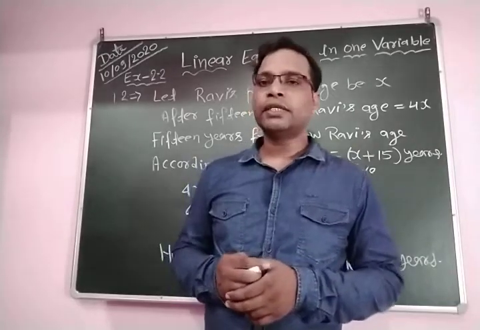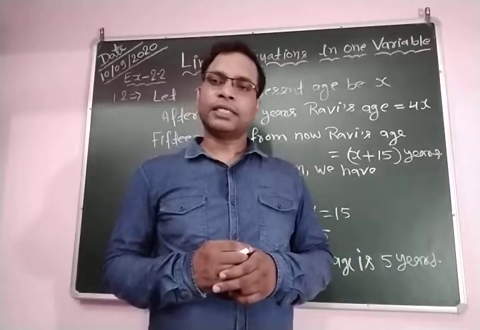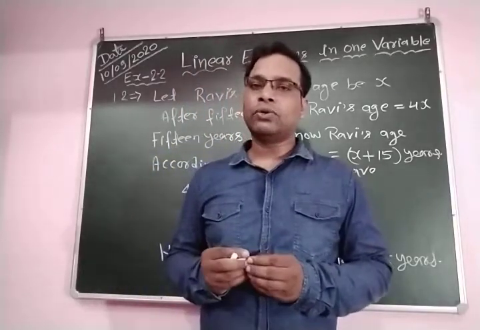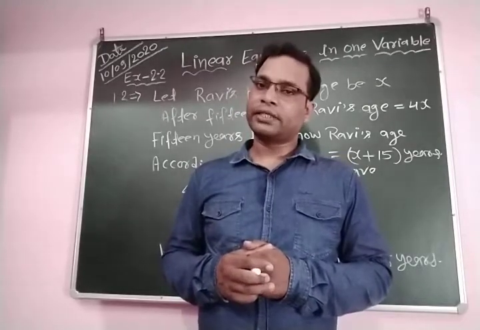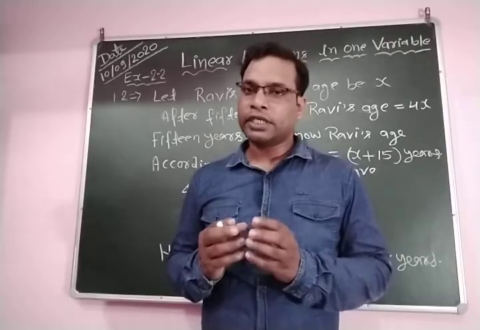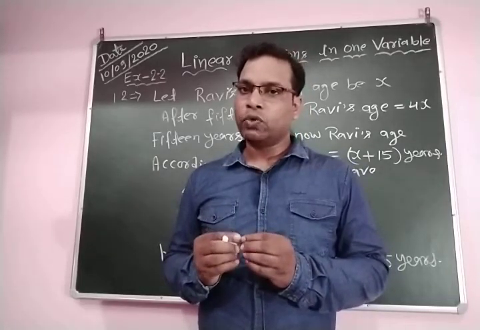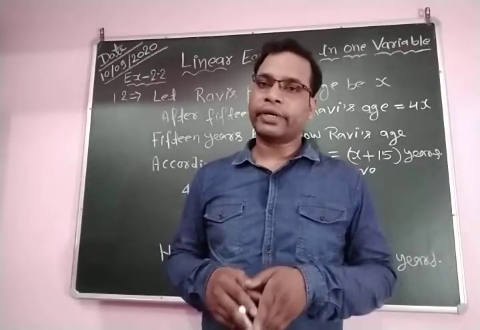For this, first we let the rational number be x. When we multiply x by 5 by 2, we obtain 5 by 2 into x, and again we add 2 by 3, so this becomes 5 by 2 into x plus 2 by 3. This is equal to minus 7 by 12 according to our condition.